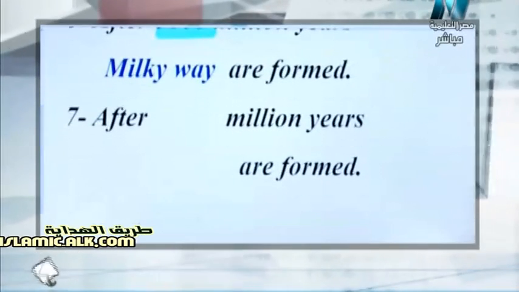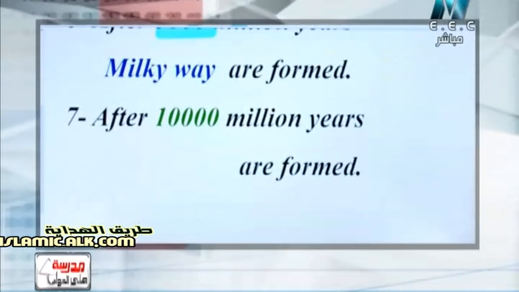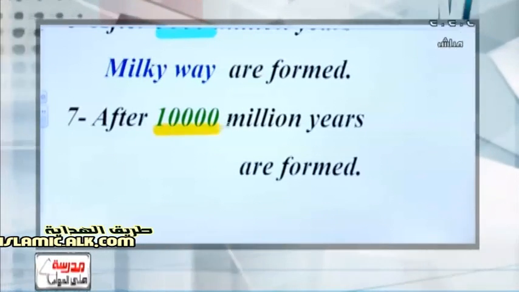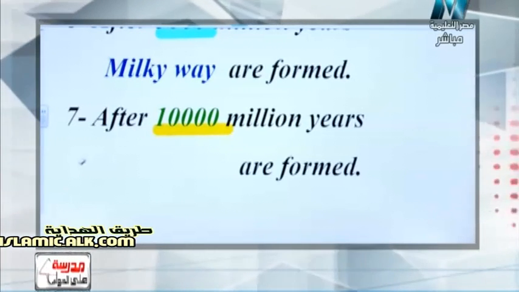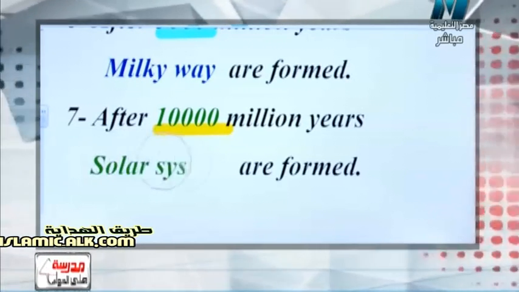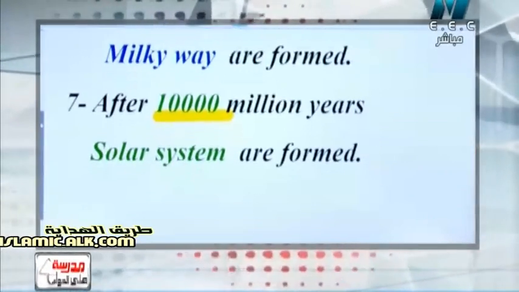Number 7, after 10,000 million years. I said Milky Way in number 6, so what will number 7 be? Yes, the solar system is formed, or the components of the solar system are formed.